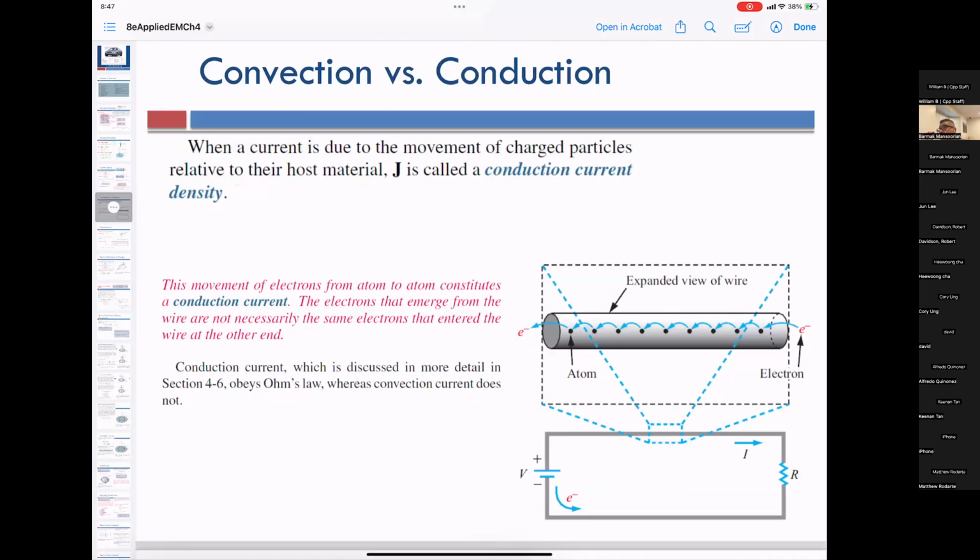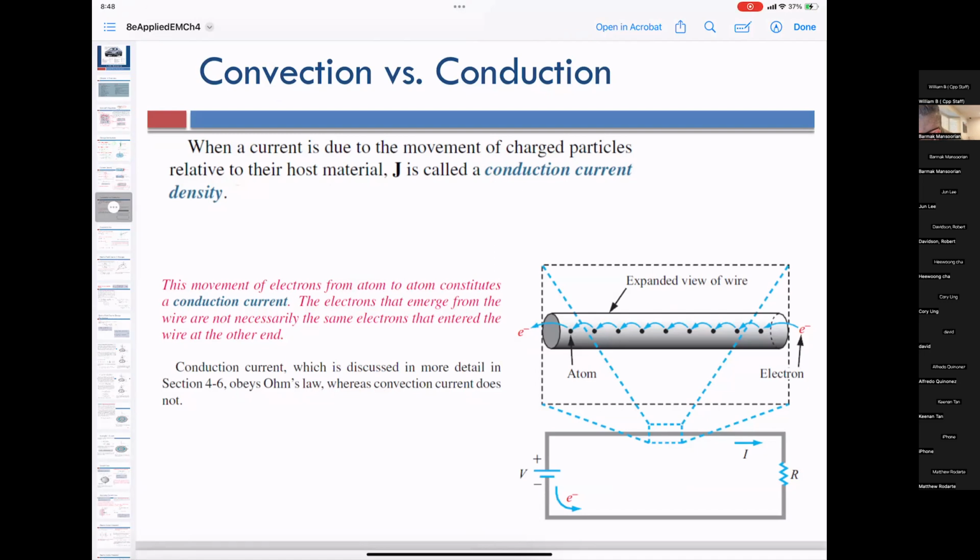So basically you get a change in charge with respect to time going through space because the cloud is moving through space. So the charged particles themselves are moving along with whatever is charged. That's called a convection current.